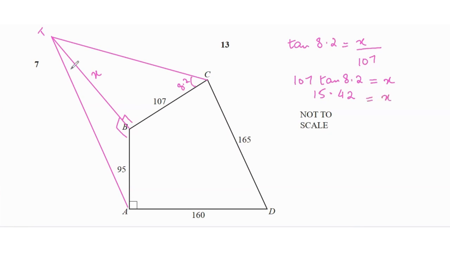That is X. So now we need to find the angle of elevation that A is making with the light pole, which is this angle. So we have the value of X, we have the length, so we can use tan again. Tan of angle A equals 15.42 over 95.